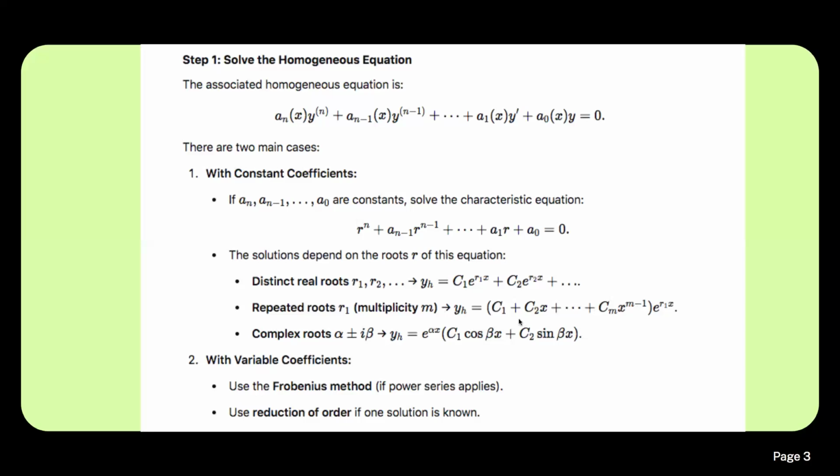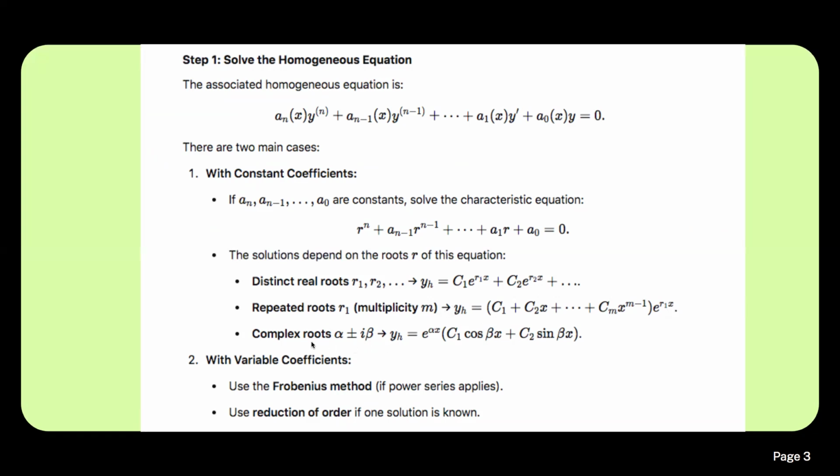If it equals n, we can write it in this form. If m is smaller than n, in most cases, then we add the terms for the rest of the roots, the remaining n minus m roots, which can still be written in the same way.